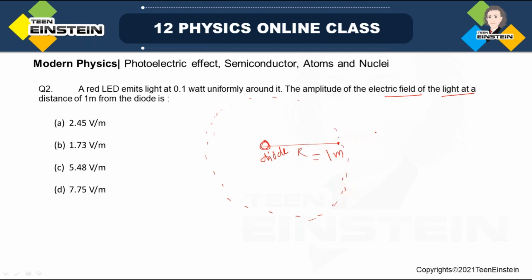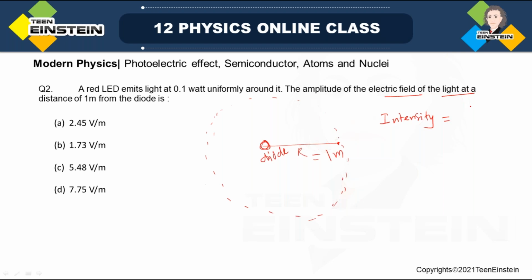Now what is the intensity here? We have a relationship between power and intensity, and you might be wondering why I'm writing about intensity: because intensity has a direct relationship with the electric field.